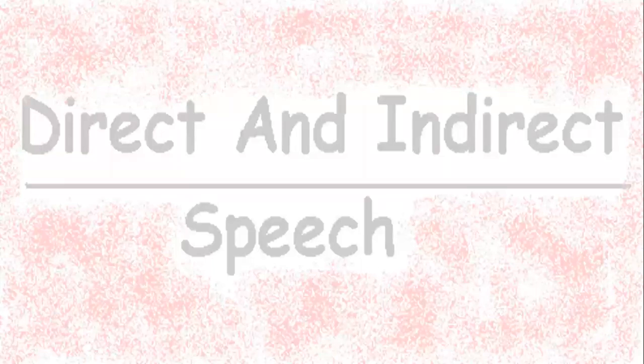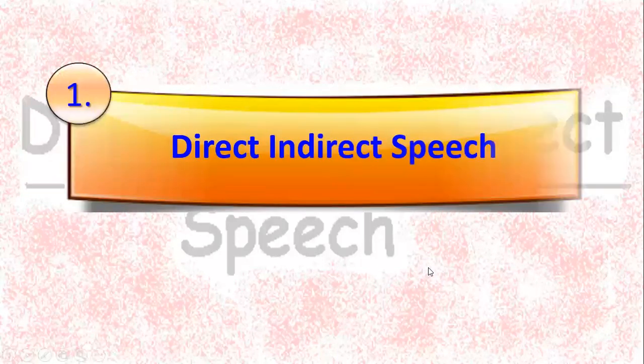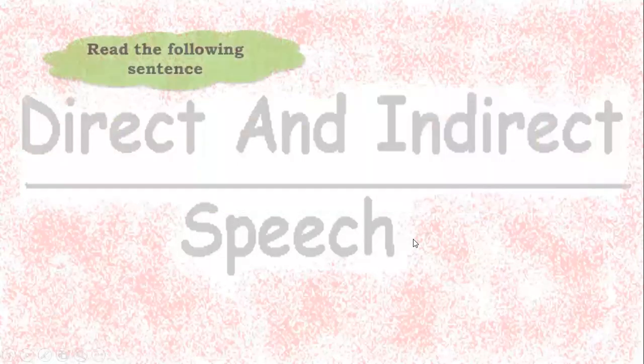So now we are starting up with our direct, indirect speech. Listen to me carefully. Since it's a revision, I'm going to revise all the main pointers from direct, indirect speech.